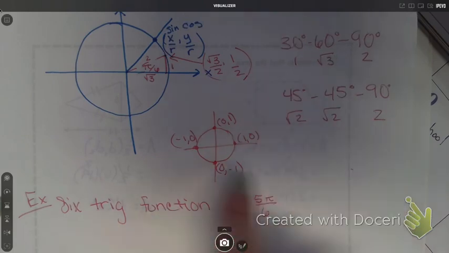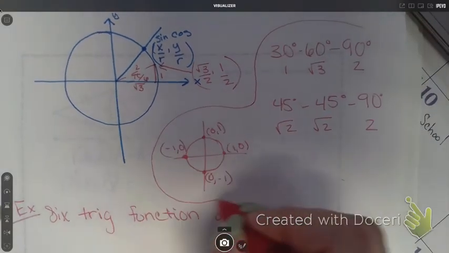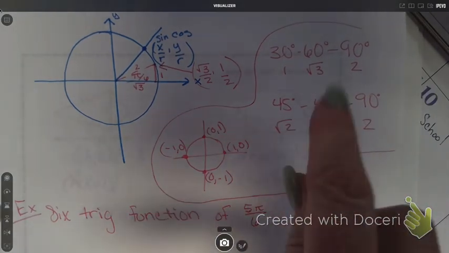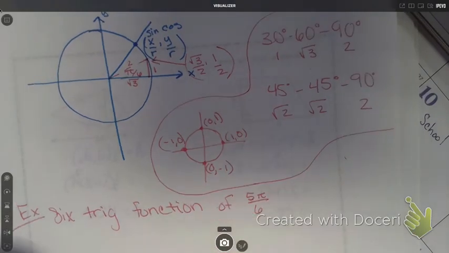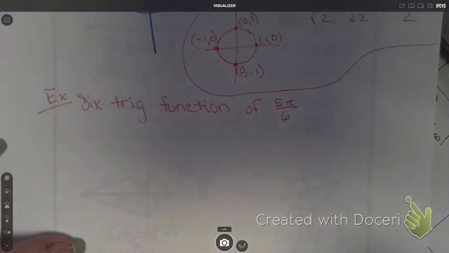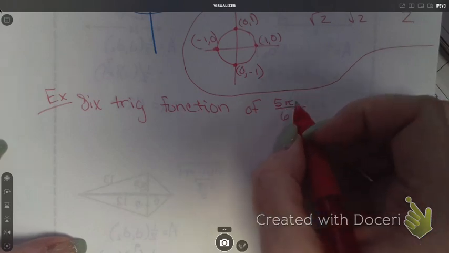Okay. This is what I want you to be using. You can use your unit circle to check it, but I want you to be using these. This is about learning your exact values. I'm actually giving you a day to work on that. Okay? So I need to go to my reference angle.